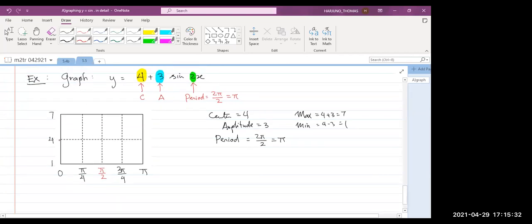Start from the middle, go up, go back to the middle, go down, go back to the middle. That's the sketch of the graph. Can you start feeling that? I rely heavily on the fact that you are already good with your transformation, your graphing.